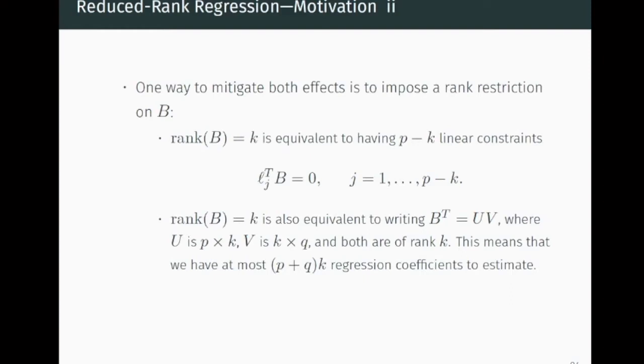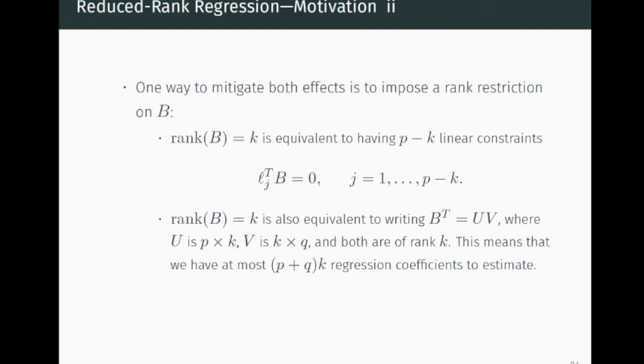So one way to mitigate the effect of both observations is to impose a rank restriction on B. And so instead of having B being full rank, we can make an assumption that B is actually of smaller rank, k.